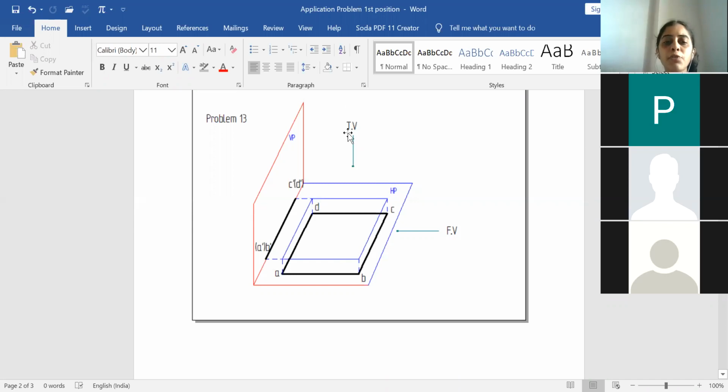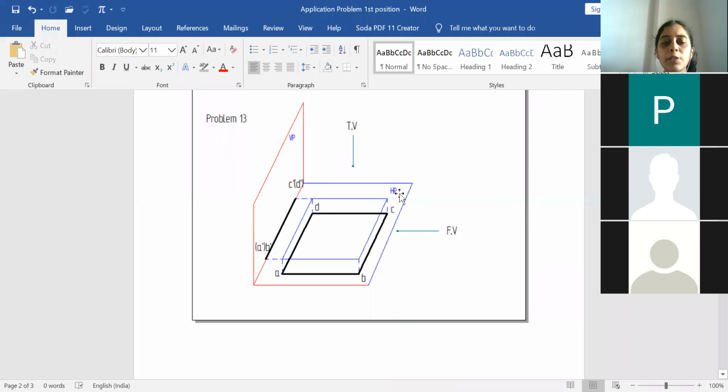When you view from the top, you will see this top view A, B, C and D. When you view from the front, the projection of AB will be here and the projection of CD will be here, and hence you see a straight line. B will be visible and A will be hidden, hence A dash in the bracket. C will be visible and D will be hidden, so C dash outside and D dash in the bracket.